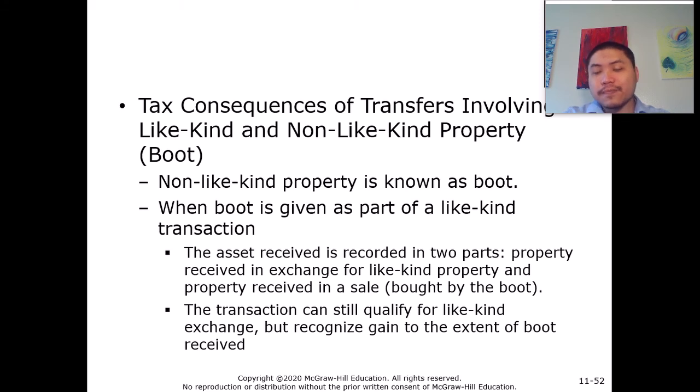So overall, even though the book says it can still be considered a like-kind exchange in this kind of scenario, the gain has to be recognized, but only to the extent of the boot received.